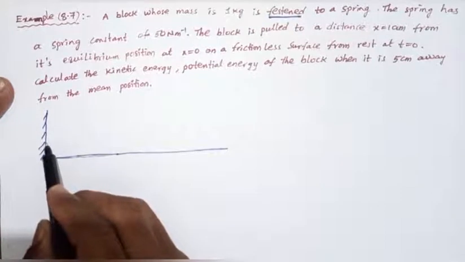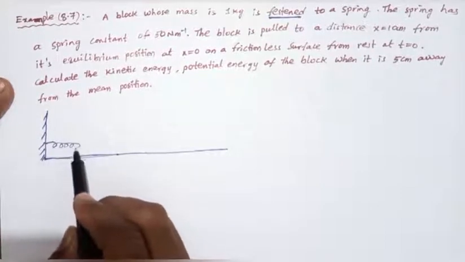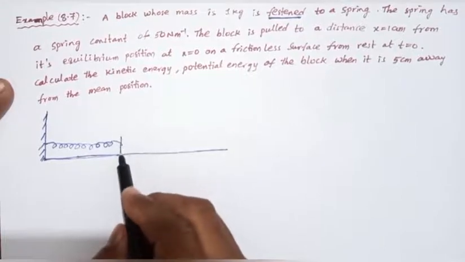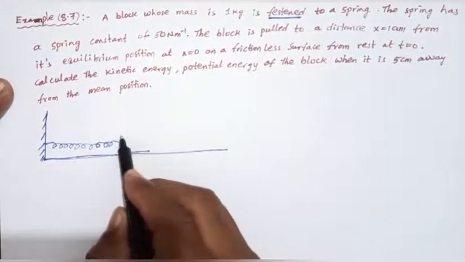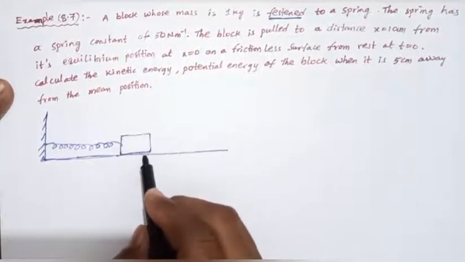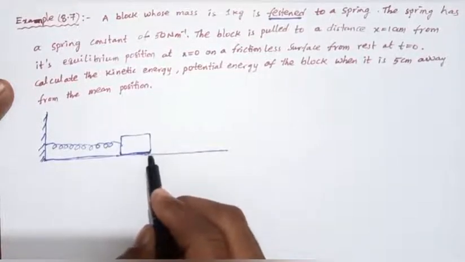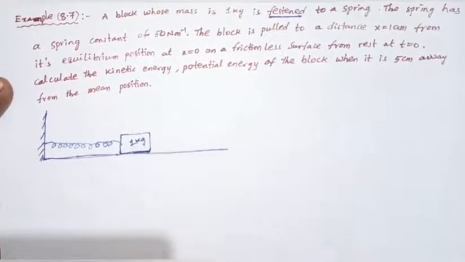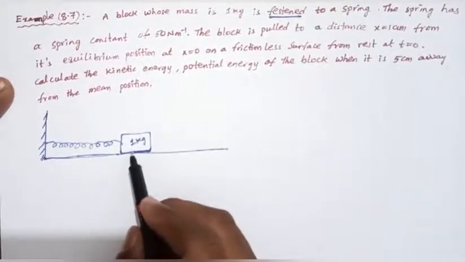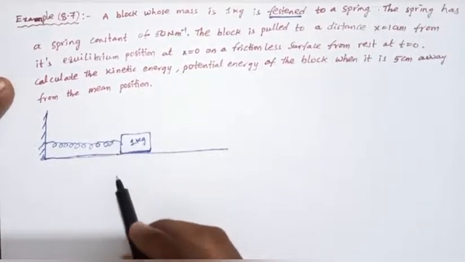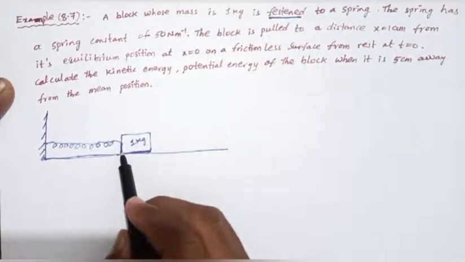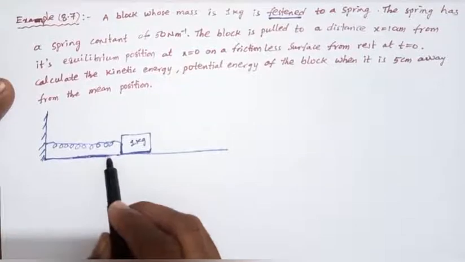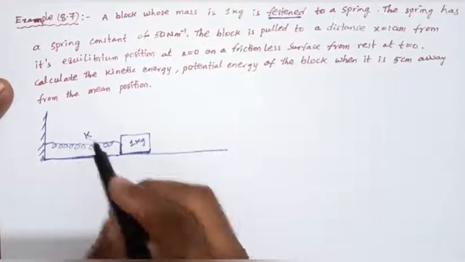At the rigid wall one end of a spring is fixed, and at the other end we have a block of mass 1 kilogram on the frictionless surface, fixed to the spring.